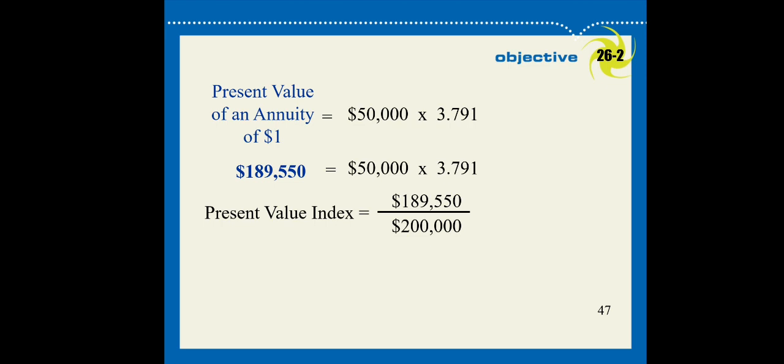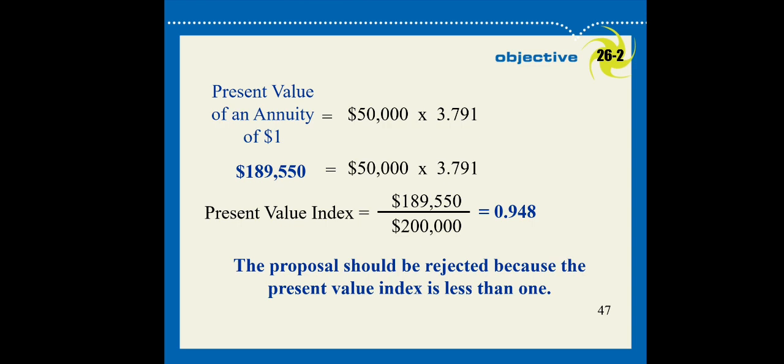So the present value index is 189,550 divided by 200,000. The answer is 0.948. That is the present value index. The proposal should be rejected because the present value index is less than 1.